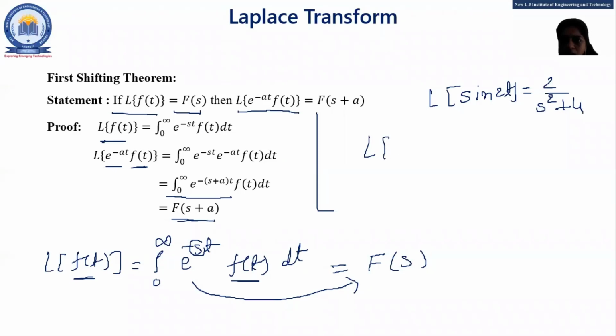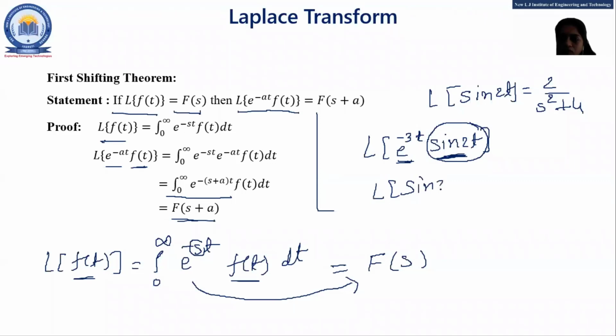If your question is Laplace of e raised to minus 3t sine 2t, okay? Now these both terms are in multiplication form. Sine 2t is your function of t, multiplied with an exponential term. At that time, for the solution of this example, you first have to write the Laplace of sine 2t, and your Laplace of sine 2t is what, student? Your Laplace of sine 2t is 2 upon s square plus 4.